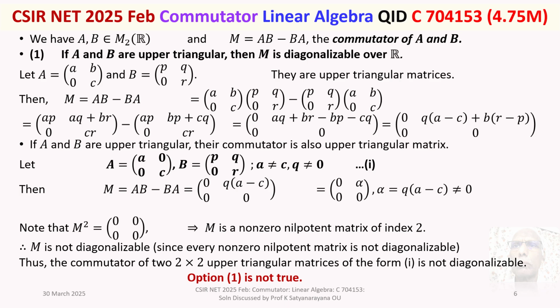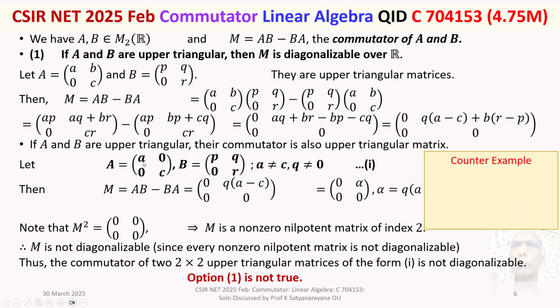Counter examples are created from an argument like this. From that, you specialize two matrices. We have already specialized, but too much of specialization also you can make. So this is a counter example.